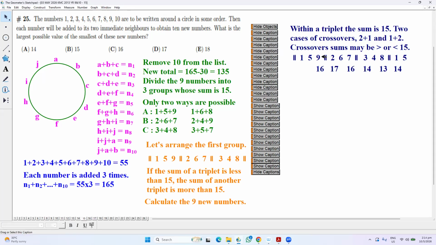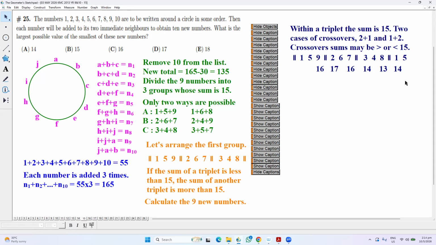So 5, 9, 2 is 16. 9, 2, 6, 9 plus 8, 17. Then 6, 7, 3, 16. 7, 3, 4, 14. Then 4, 8, 1, 13. Then 8, 1, 5, 14.